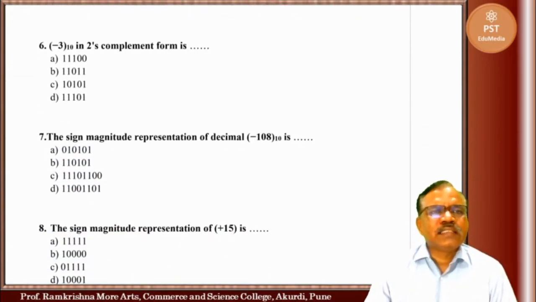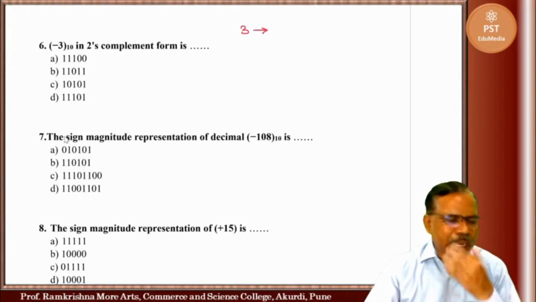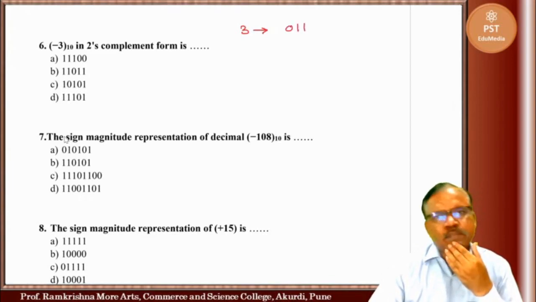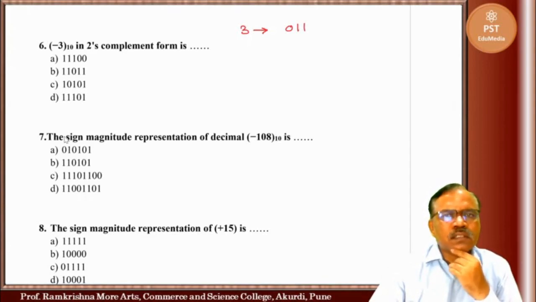Now minus 3 decimal in 2's complement form. Again we know binary 3 is 0, 1, 1. You can take 4-bit 0, 0, 1, 1.